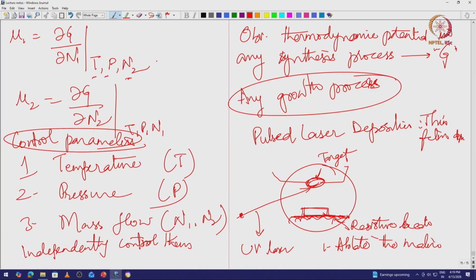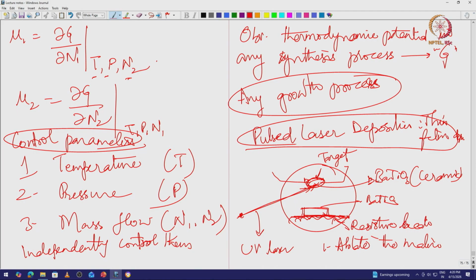So, I want to deposit a thin film of barium titanate. So, ideally I want to use a target of barium titanate, and this target will be some kind of a ceramic of barium titanate, some bulk material of barium titanate. Now I shoot my laser, or in the case of sputtering I shoot high energy argon projectiles. It does not matter.